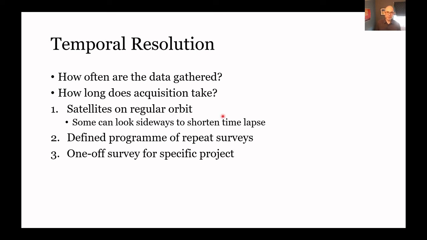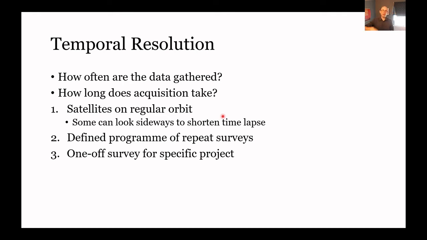In terms of a satellite, they're in an orbit, they're spinning around the Earth, and if they're just looking straight down, which a lot of satellites do, especially the free data, Landsat and Sentinel, they're looking straight down, and so the frequency with which they can gather data at a particular point on the Earth is determined by that orbit, amongst other things.